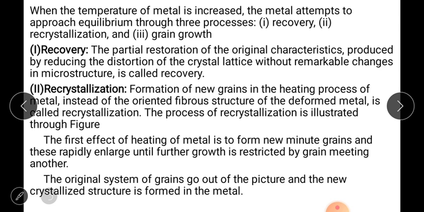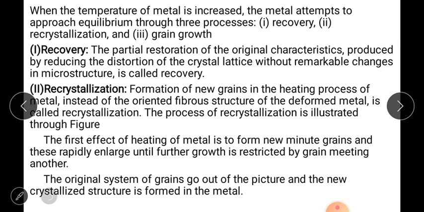So once the new grains are generated in recrystallization, the growth of those new grains takes place very rapidly, and it continues until the neighboring grains touch the boundaries of the grain.